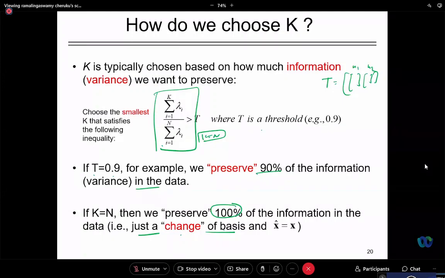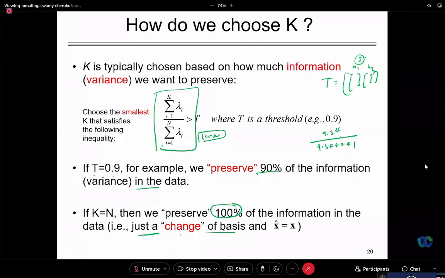Now the question is, out of these two features, I want to know the total variance, which is 9.34 plus 0.41. And out of this, how much variance is preserved by eigenvector 1 alone?